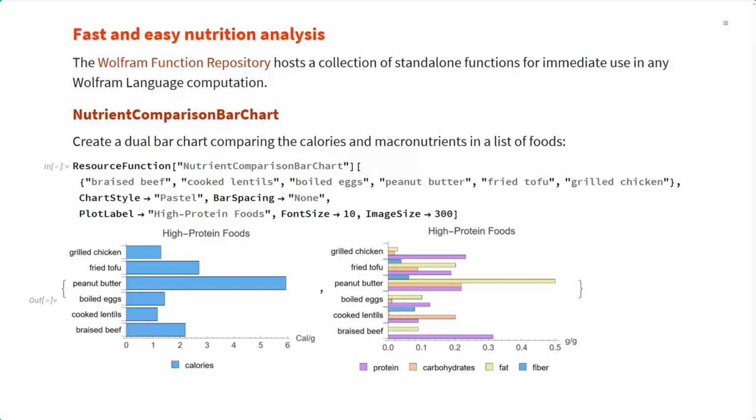And unfortunately, there's one of my favorites, peanut butter, which is very high, the highest in calories and fat. But this is a really nice, efficient way to compare a list of foods for these macronutrients.